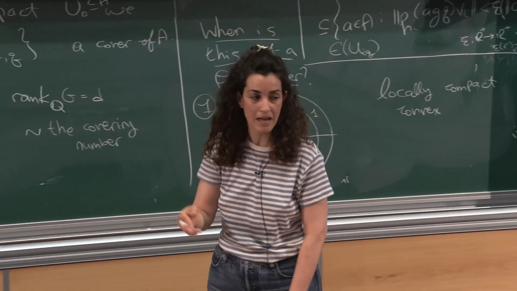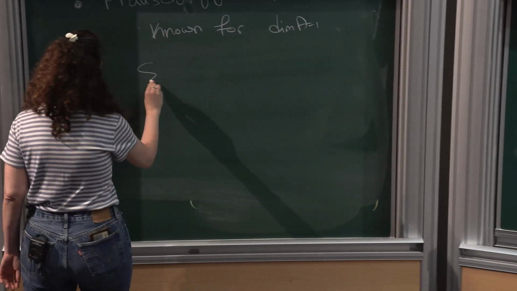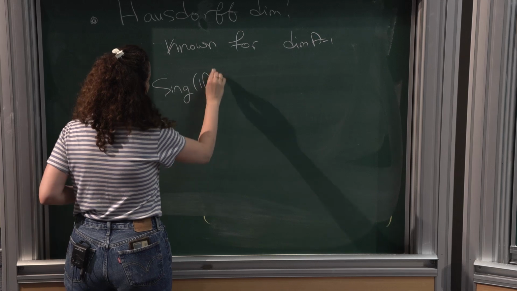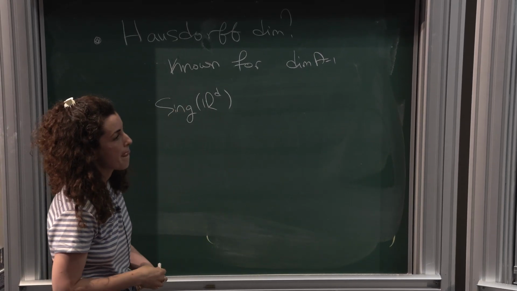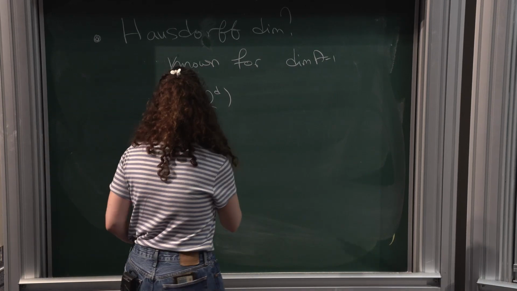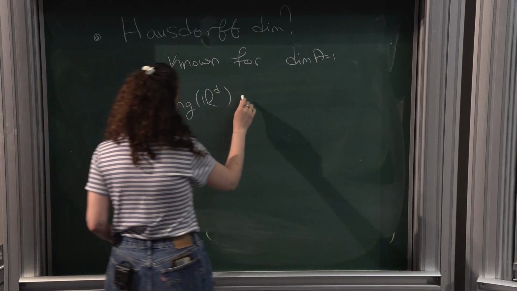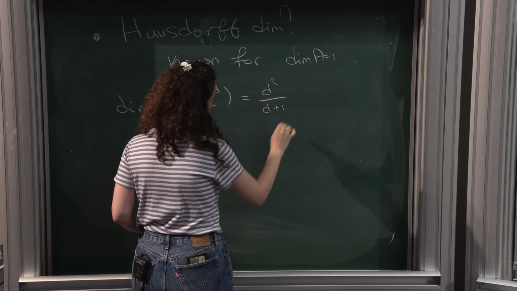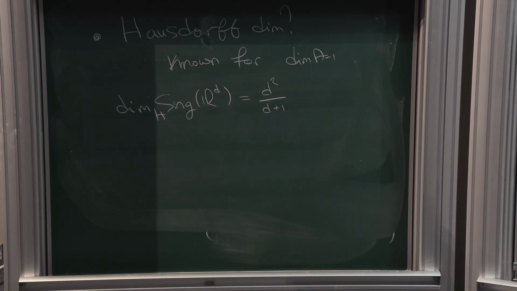But say you look at the singulars, which are exactly the ones that are diverging. Then you know that the Hausdorff dimension is d squared over d plus 1, which is strictly bigger than d-1 and strictly smaller than d.